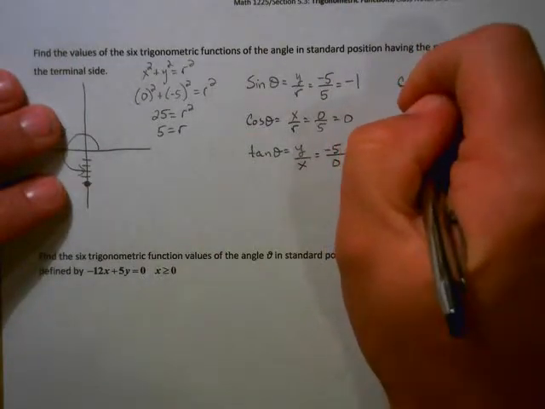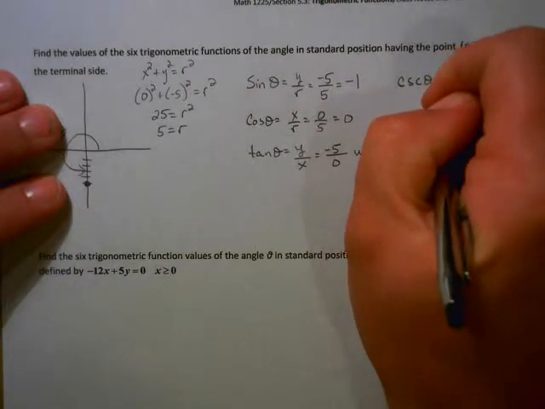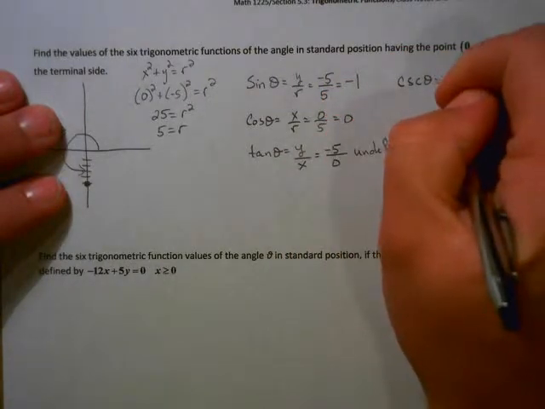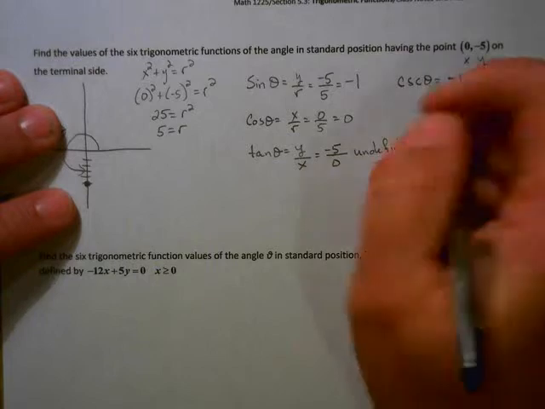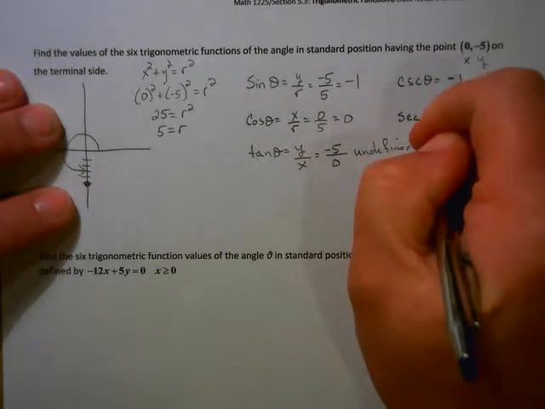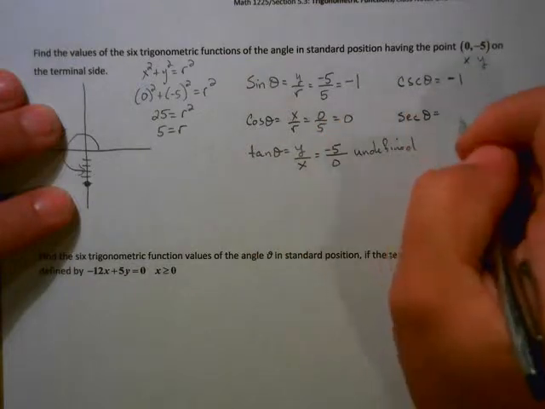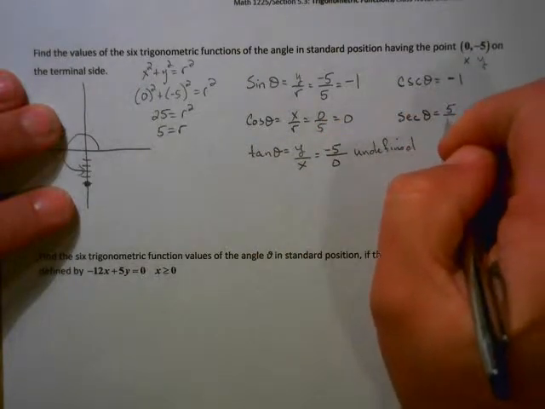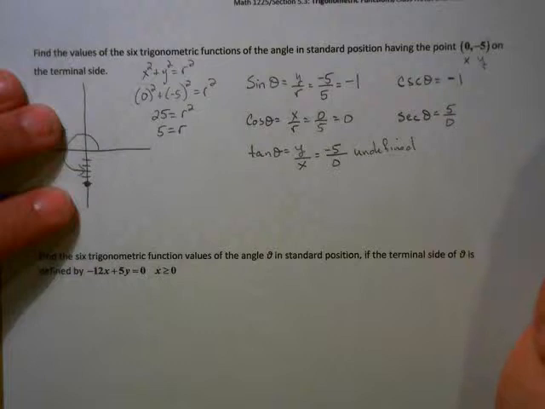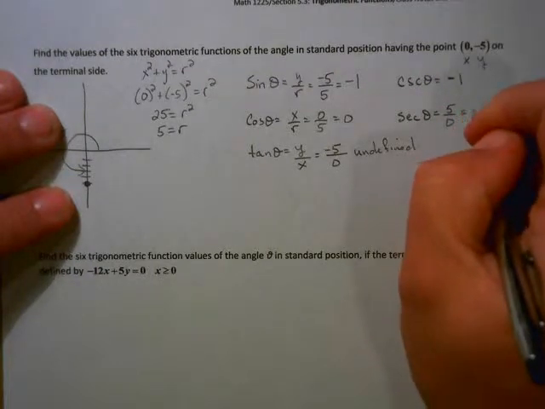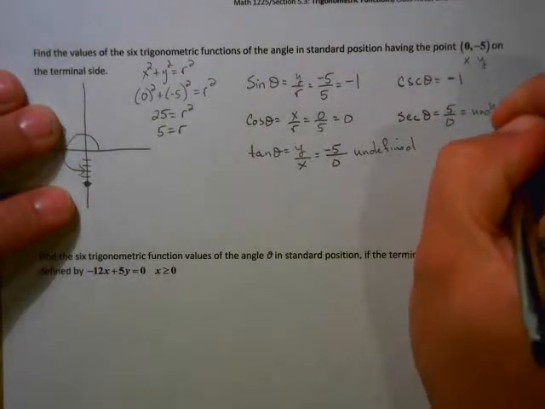So the cosecant theta is the reciprocal of -1, which is -1. Secant theta is equal to the reciprocal of cosine, so it's going to be 5 over 0. It's really r over x, so 5 over 0, which is undefined.